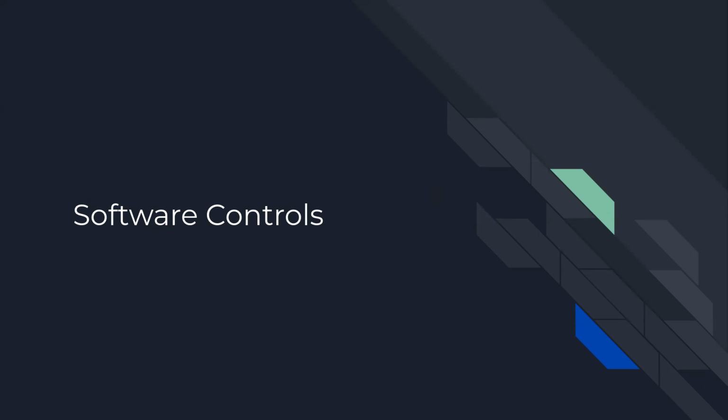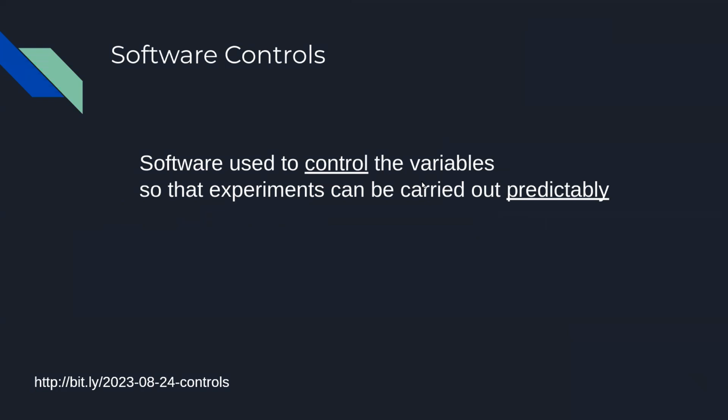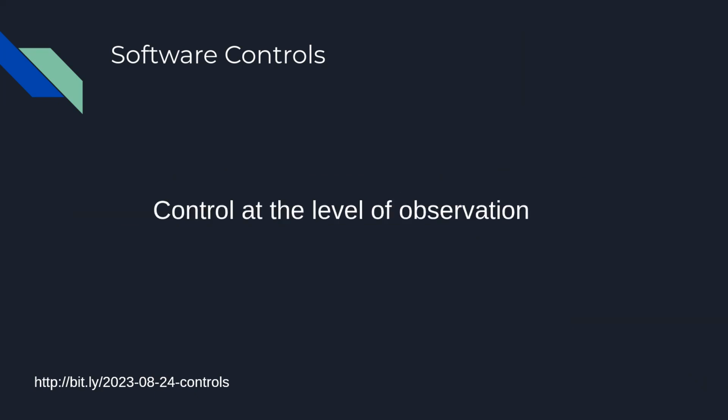Good to know. So with software controls, we use the software to control different variables so that we can predictably experiment on our software. An important concept that we talked about last time is that you control at the level of observation.